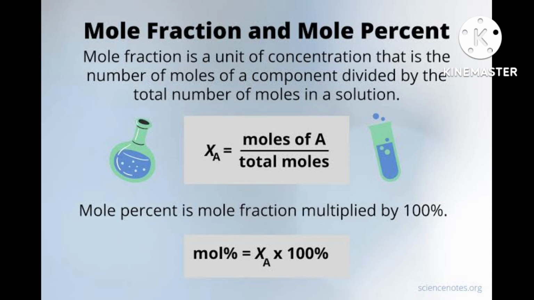Now the next term, the last term I am going to discuss, is formality. It is denoted by capital F. Actually, the formality term is less used. It is used only for ionic compounds like NaCl, KCl.